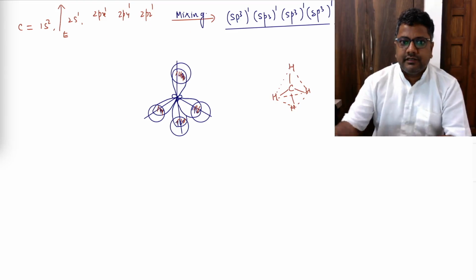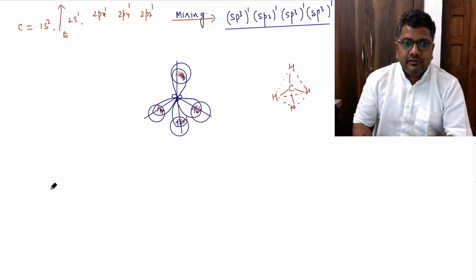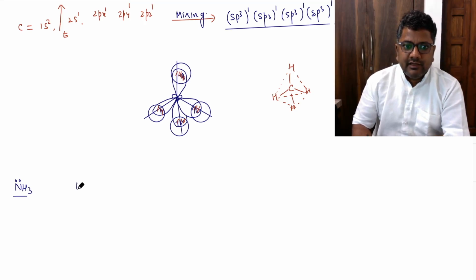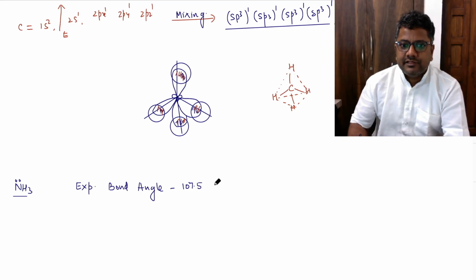Now see, the ammonia molecule. In ammonia, the experimental bond angle is 107.5, which is closer to 109.5.